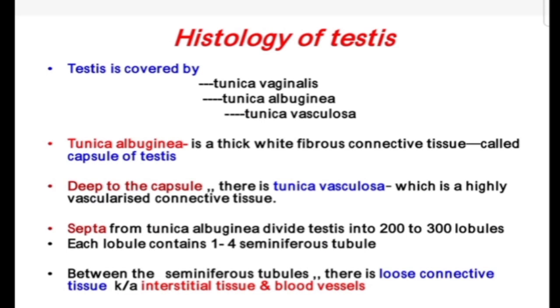From the tunica albuginea on the posterior side there is an extension called the mediastinum testis. It is a thickened portion of the tunica albuginea which enters into the substance of the testes, and from this mediastinum testis arise the partitions or the septa which are known as the septula testis, and they are then dividing the testes into 200 to 300 pyramidal shaped lobules which are known as the testicular lobules.